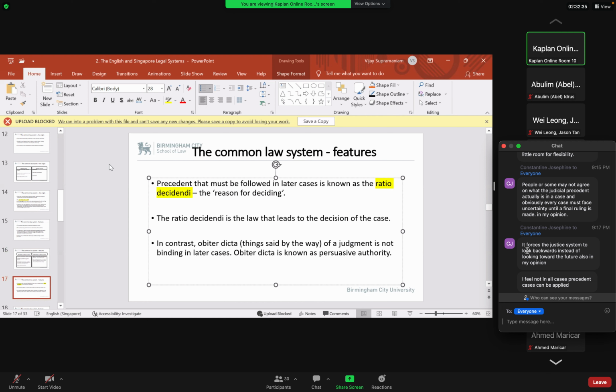So when I say these are the reasons behind the decision, it simply means that it is because of these reasons. Okay? These were the reasons that we applied to decide on the case.